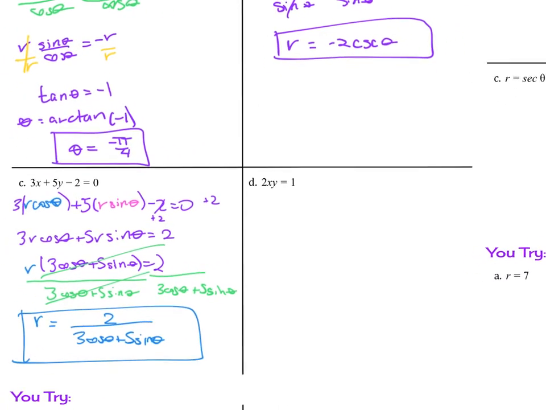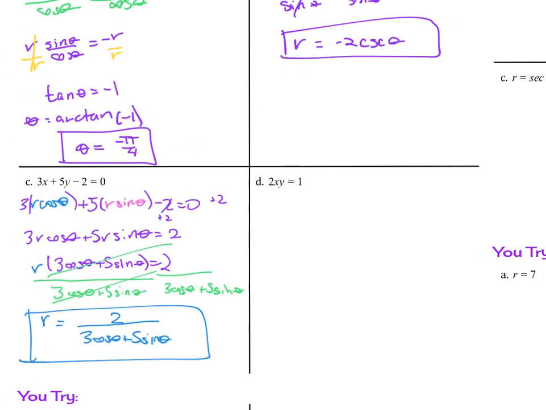Letter D. 2 times x times y equals 1. First what I'm going to do with this one is divide by 2, and then we're going to change our x and our y. So this becomes r cosine theta, and the y is r sine of theta, which equals a half.